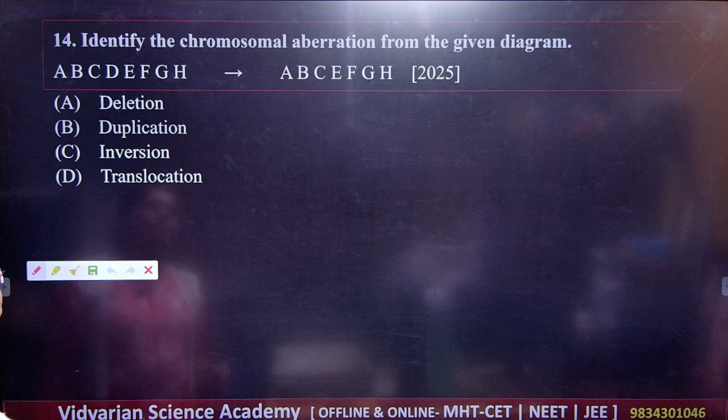Next. Okay, read the correct statement. Okay, students, read the statement here carefully. Statement number one. What is statement number one? That is, mutations are temporary heritable changes in the genetic material of the organism, right? Number two, gene mutations produce new alleles which are added to the gene pool.